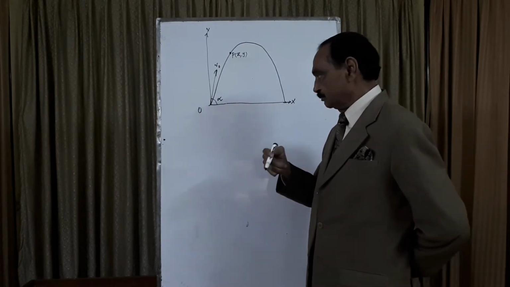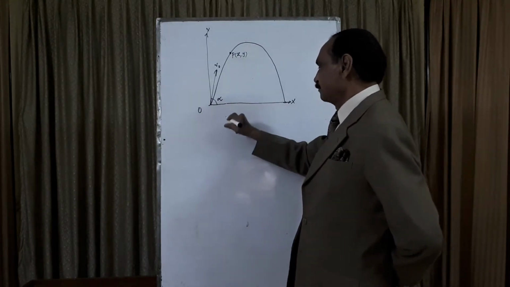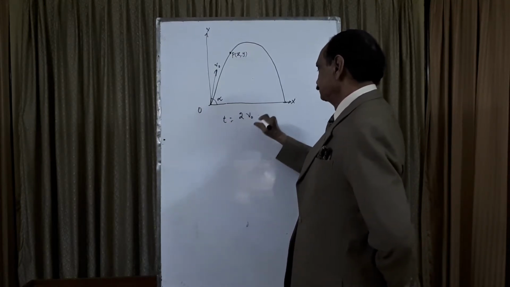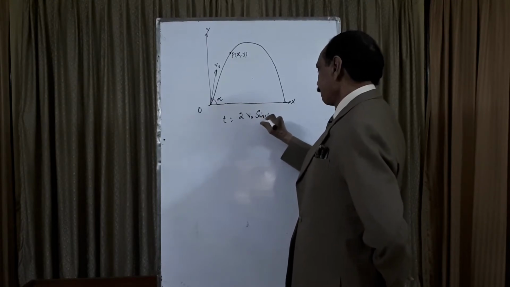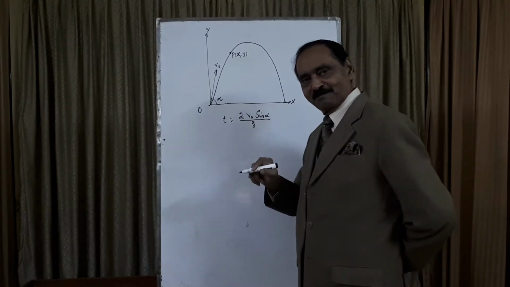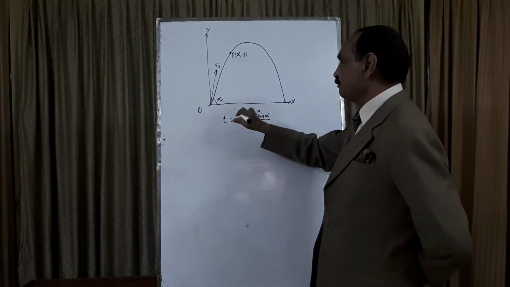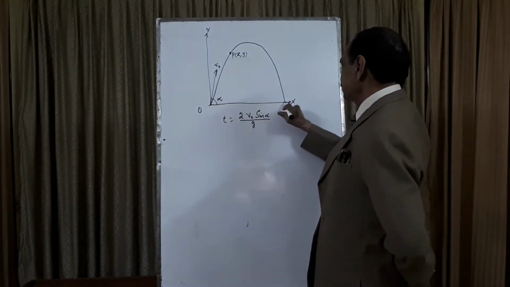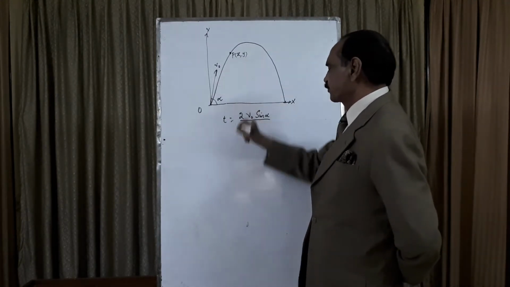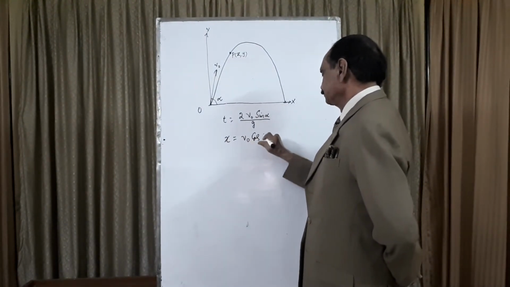The formula which we have already derived in the first part of the discussion is that the time of the flight is T equal to 2 v0 sine alpha over g. So this is the total time of the flight from this place to this place, and the horizontal distance covered at any time t is of course x is equal to v0 cos alpha into t.